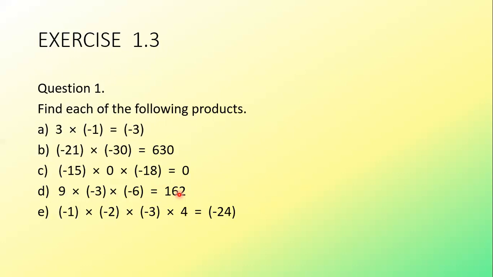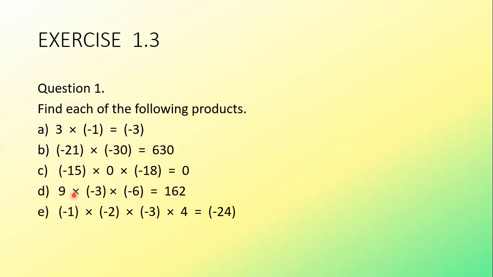You are going to get the same answer, 162. That is the associative property of multiplication. For the multiplication of three integers, we can multiply the integers in any order. The product will remain the same. So anyway, whether you multiply 9 into 3 into 6 or 6 into 3 into 9, the answer is 162.